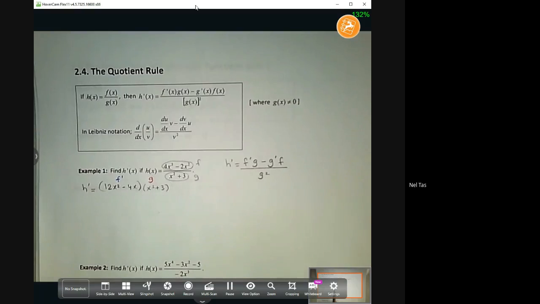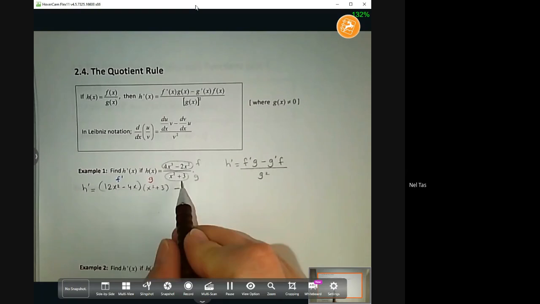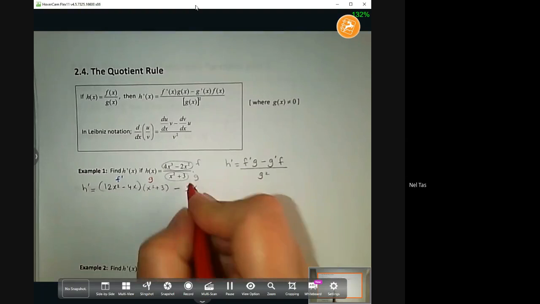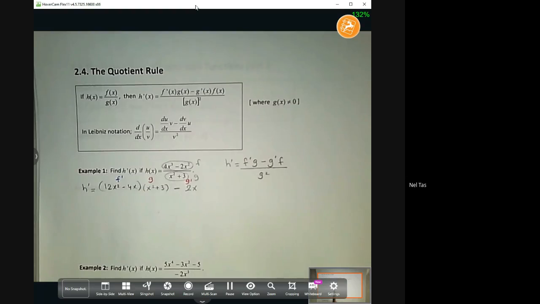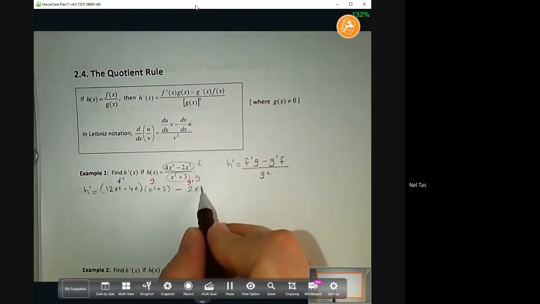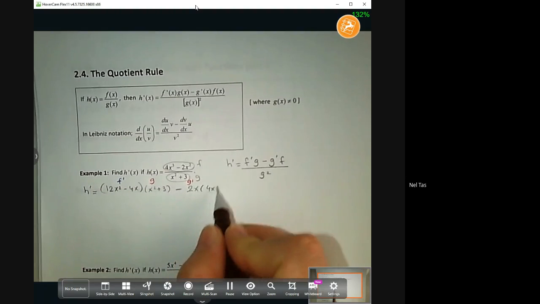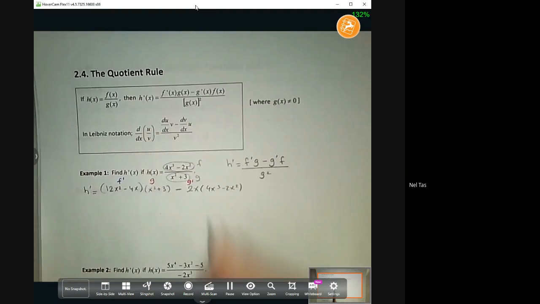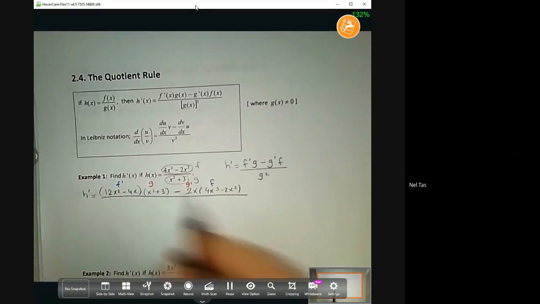minus g prime, which is the derivative of the denominator, 2x. So that is g prime. So we multiply this by f, 4x cubed minus 2x squared. That is f over g squared.